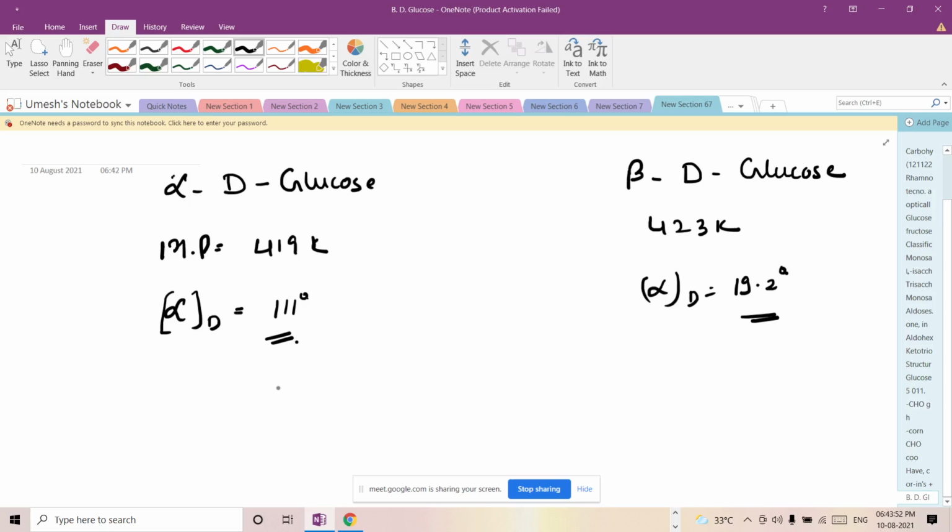Both are dextrorotatory to plane polarized light, but the optical rotation is different. Am I clear? I hope it's very clear. So how come this? It was not proved by the structure that I have explained.